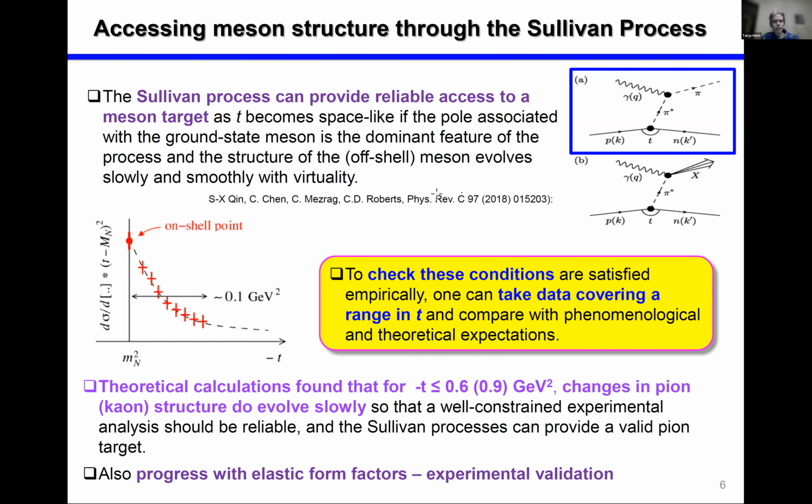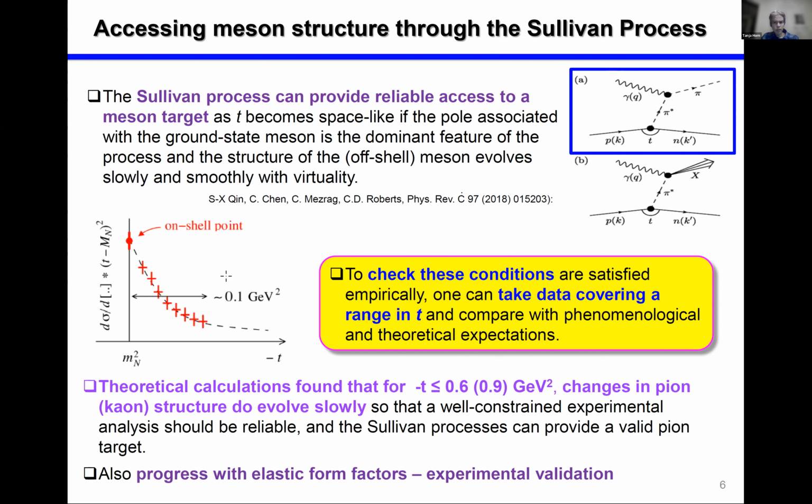To do that, we typically take data as a function of a kinematical variable, in this case one associated with t, so that we can monitor whether this process becomes space-like, that is, whether this pole process which characterizes this reaction channel, associated with the ground state meson, is dominant. In short, if the pole process is dominant, we can call this virtual pion a real pion and use it as a target.